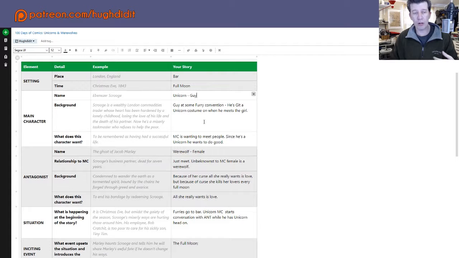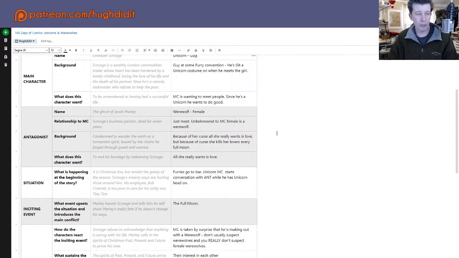The premise for him being a unicorn was that he was a furry or a cosplay kind of enthusiast, and he's wearing that unicorn head when he meets the antagonist, which is the werewolf, which is a girl. And so what does that character want? Well, obviously these two people want to meet somebody and fall in love.